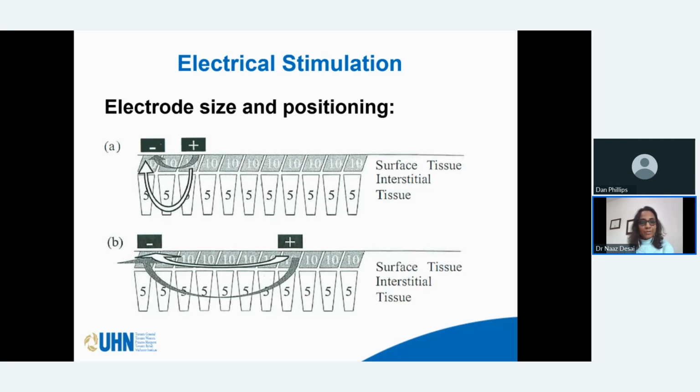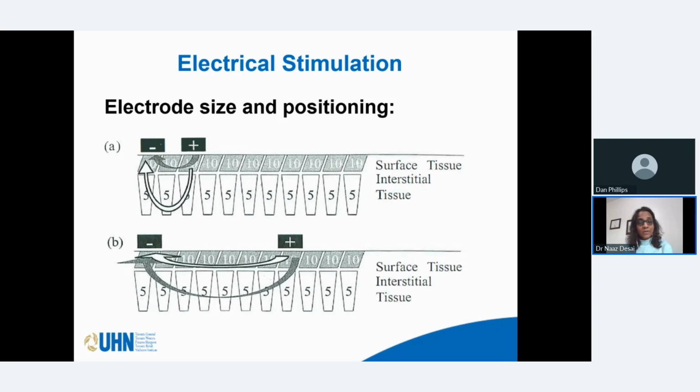So if we place the electrodes too close together, as we can see, the gray colored arrow on the top, if it has to pass through just the surface tissue, then in total it is encountering about 30 units of resistance. Now, if the current had to pass deeper, then it would encounter about 35 units of resistance, and current will try to flow in the least resistance environment.